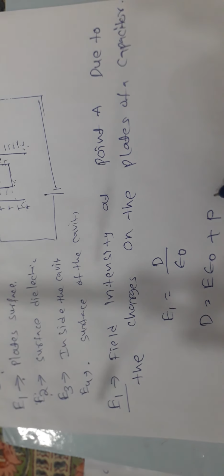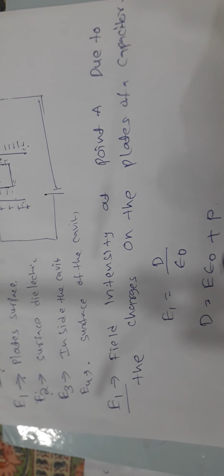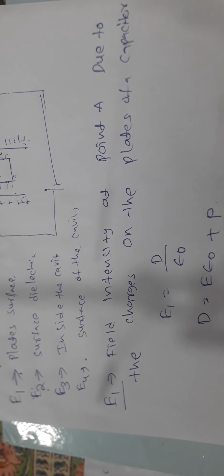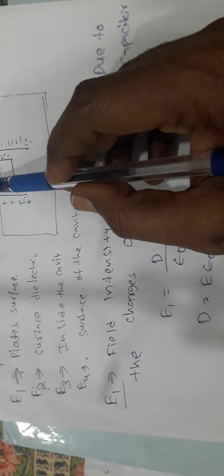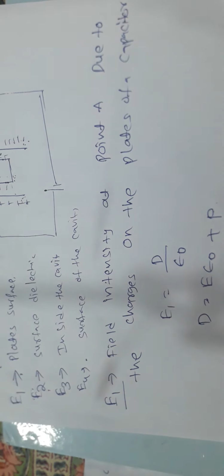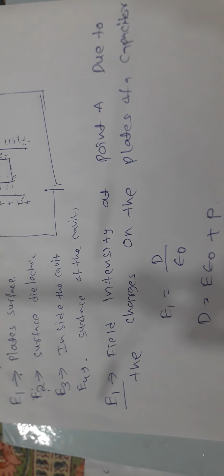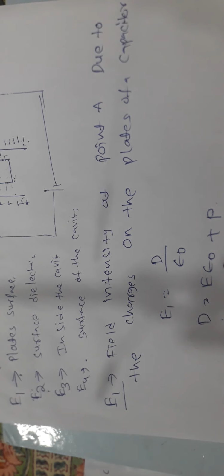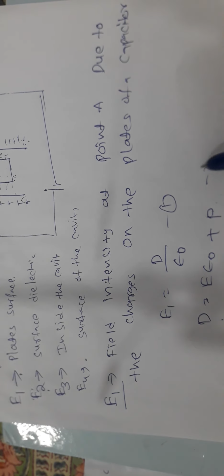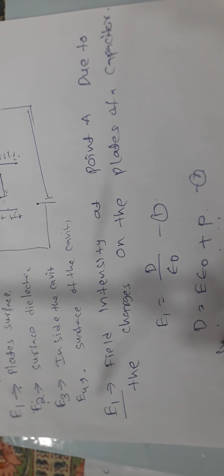We use the relation between dielectric constant and flux density. First it was empty, after that we kept the dielectric, so the polarization vector increases, so we wrote D equals E epsilon naught plus P. Now this is the first equation and this is the second equation. Substitute 2 in 1.